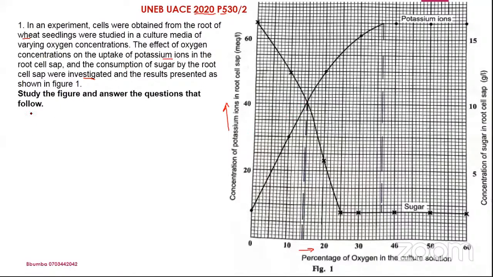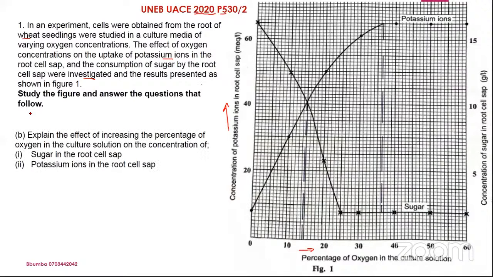So that's how you're supposed to already study. Of course, I skipped number 1, part A, because it was about description. And I am assuming that each one of you knows how to describe anything here. And part B was saying, explain the effect of increasing the percentage of oxygen in the culture solution on the concentration of 1, sugar in the root cell sap.